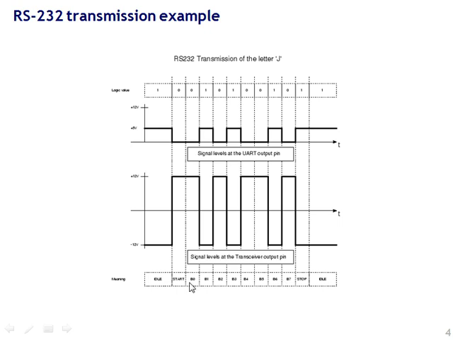These are your 8 data bits. I don't see a parity bit. I see one start bit. I see one stop bit. So that's 8 data bits, no parity, 1 stop bit. The symbol used to show the setup here is 8 none 1.